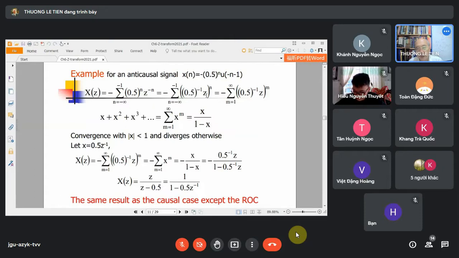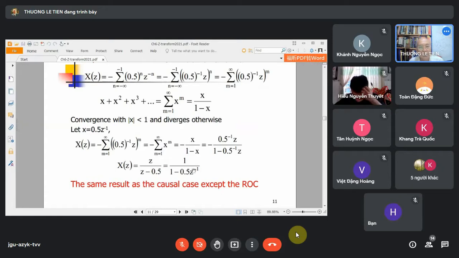Then we can work out the result with the condition. From the condition, we can work out the region of convergence following this condition.